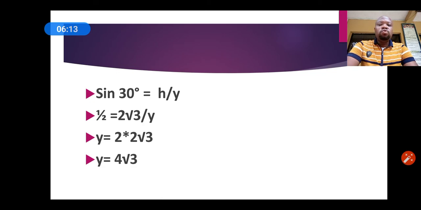And so if we substitute that into the expression, we are going to have half being equal to 2 root 3 all over Y. And if you cross multiply that, you are going to have finally Y being equal to 4 root 3. So that's where we are going to stop for today's class.